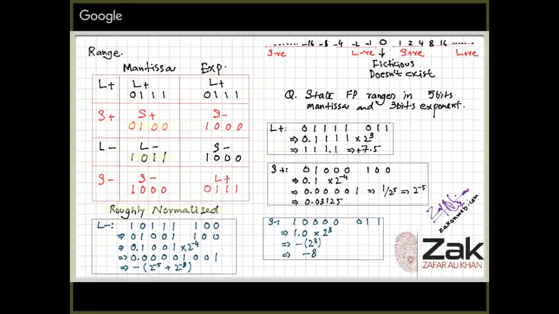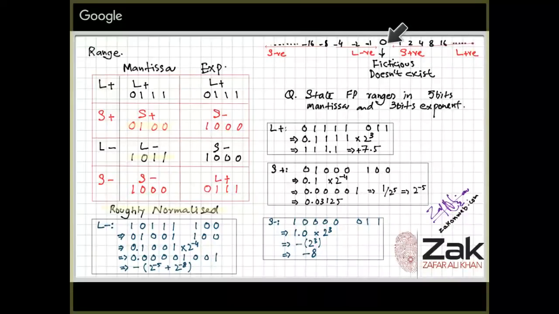So you would have to remember this grid. This is necessary. How to find the largest positive and how to find smallest positive, largest negative, and smallest negative. So first have a look here. On the left of 0, it is all negative numbers, and on the right, it is all positive numbers.